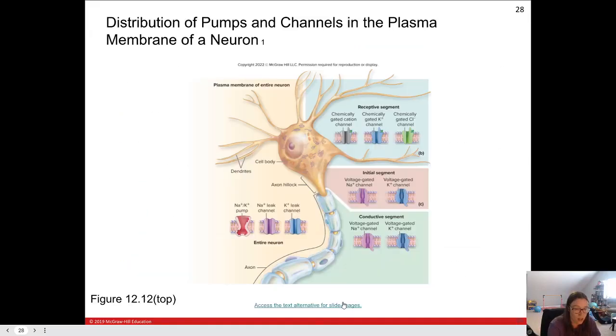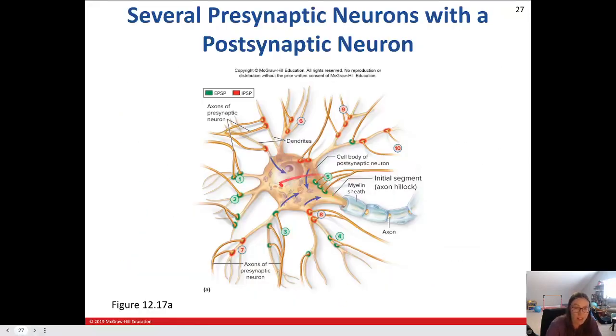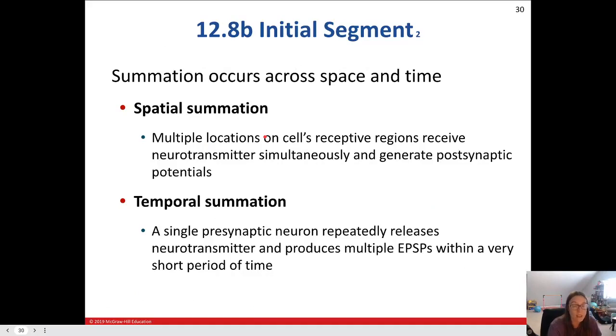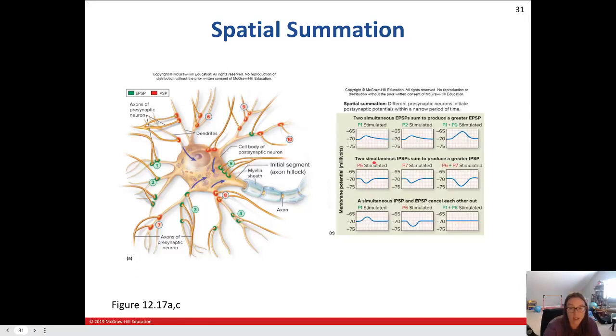And so as we can see here, we have a lot of different cells that are going to be touching these neurons in different spaces, right? And so spatial summation is when multiple locations on the cell's receptive regions receive neurotransmitters simultaneously and generate postsynaptic potentials. And so we can see this is spatial summation. So we have all of these different areas.